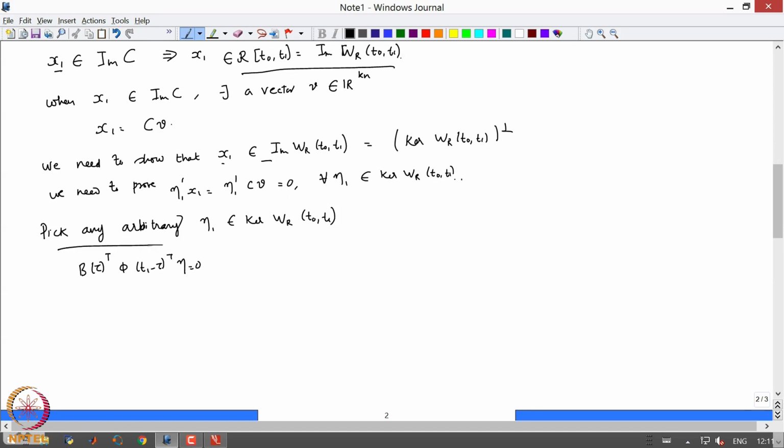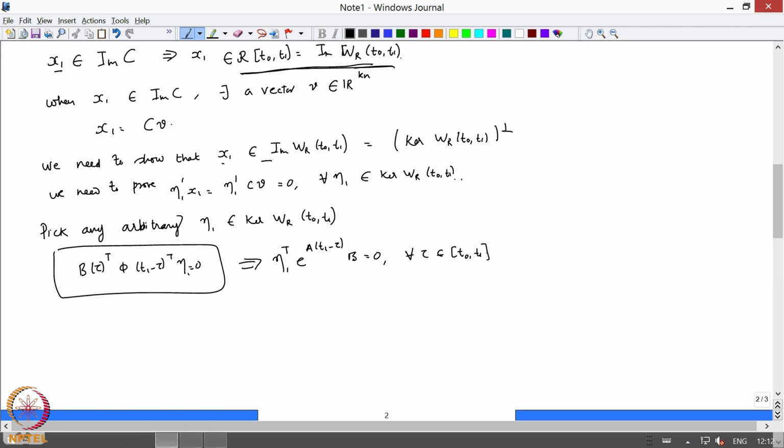This is in one of the last steps of proving this equality, right. So, that translates to saying something like this here, that eta 1 transpose, this in the LTI case is eta 1 transpose e power a (t 1 minus tau) b equal to 0, and this is valid for all tau belonging to t 0, t 1.